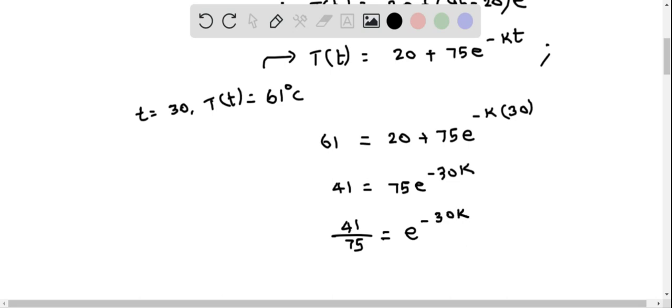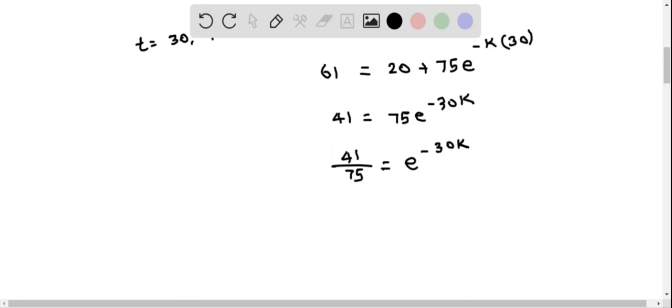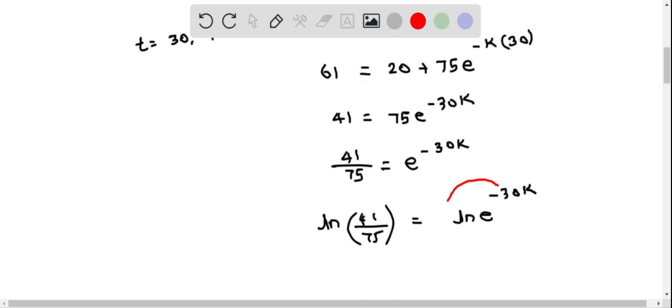We then apply the natural logarithm to both sides. So this becomes the natural logarithm of 41 over 75 equals the natural logarithm of e raised to the power of negative 30k. When we apply the properties of logarithms, this negative 30k comes in front.